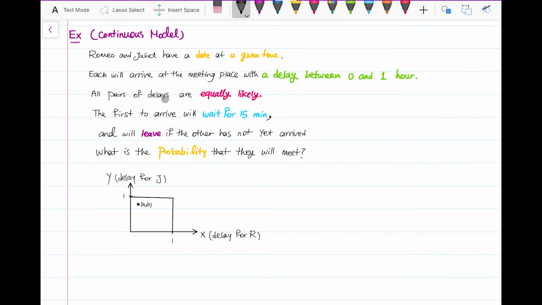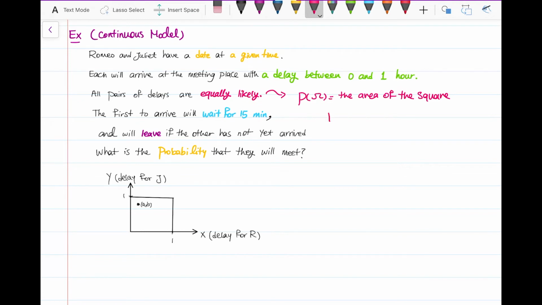And it says that all pairs of delays are equally likely. What that means is that we can write the probability of our sample space to be the area of this square.